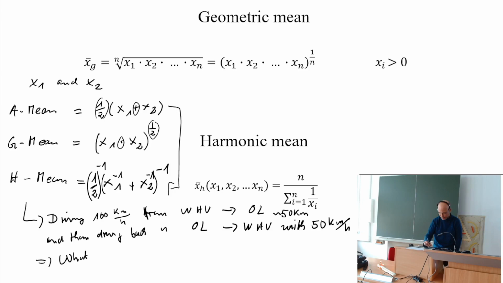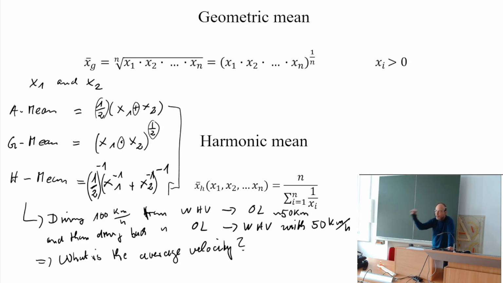What is the average velocity? Well, this we can do as homework, but it is quite clear that the average velocity is, of course, not 75. Why is it not 75? If I'm driving a distance of 50 kilometers with 100 kilometers per hour, then I take less time than if I'm driving back with only 50 kilometers per hour.